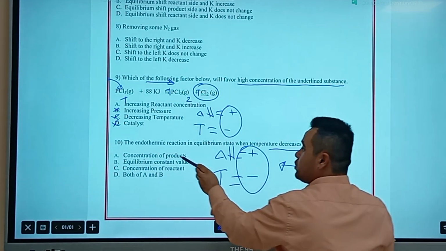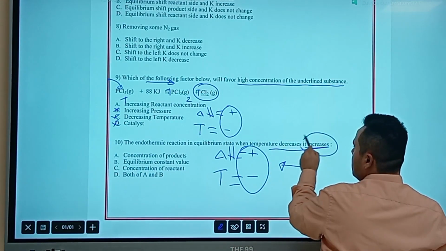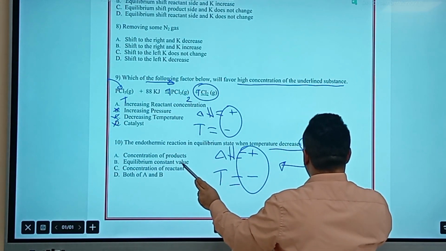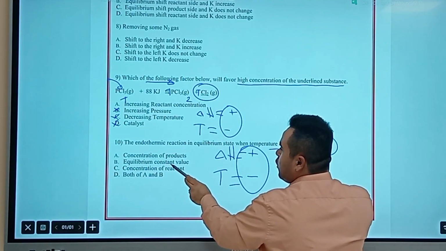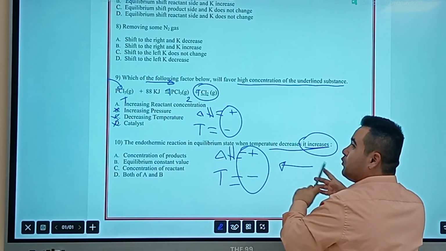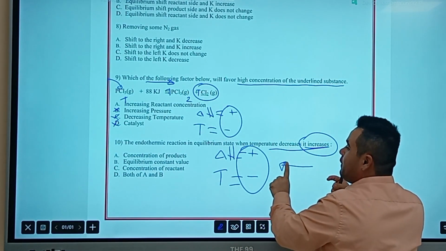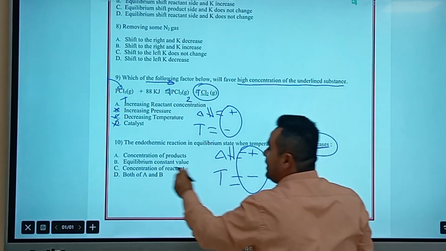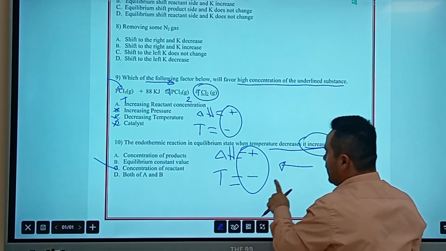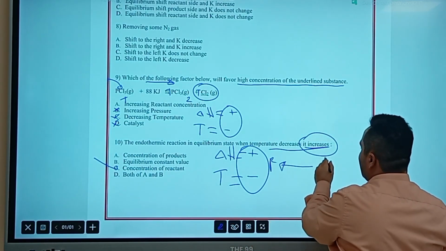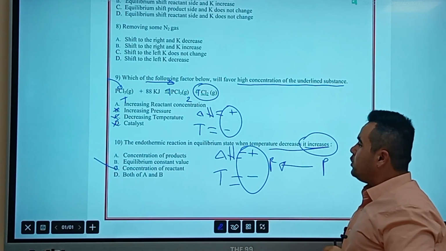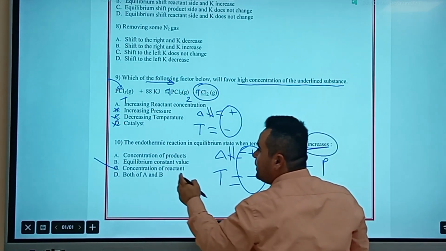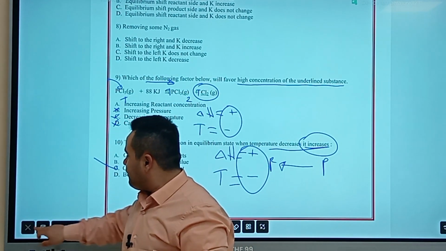As reverse is favored, does the concentration of product increase? No, it decreases. Does it increase the equilibrium constant value? No, it does not, because it's reverse. It increases the concentration of reactant. Yes, because here we have reactant, there product. There will be more formation of reactants. Both A and B, no, it's not correct.